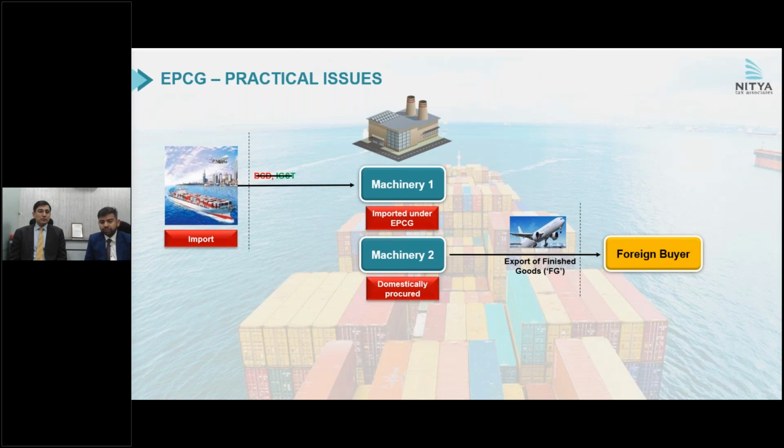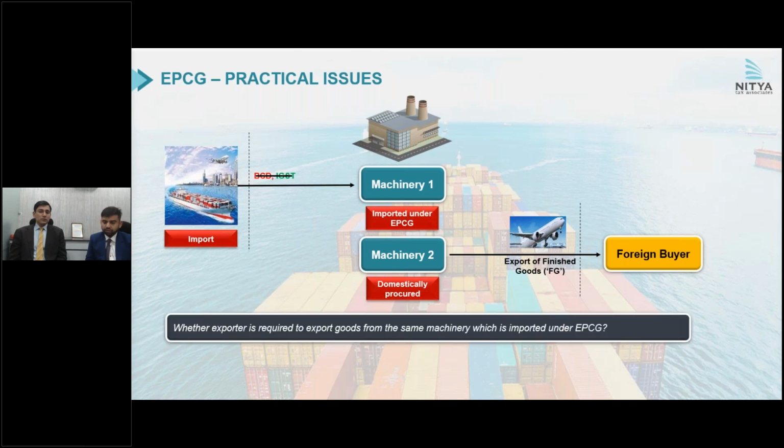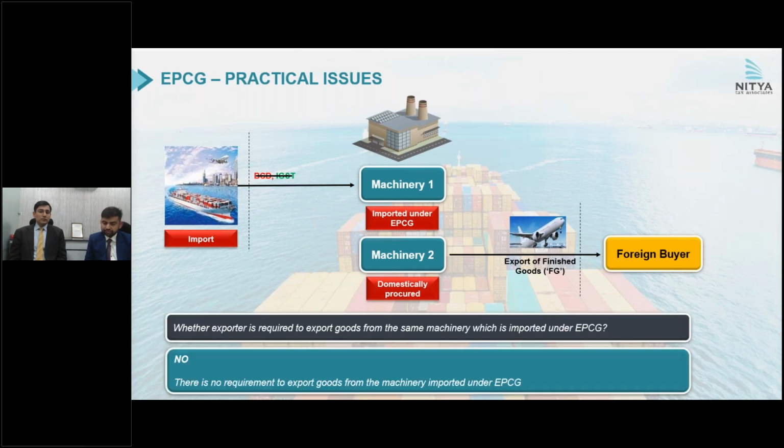So the question is whether a person can claim the benefit for this EPCG EO fulfillment or not. In our view, yes, that person need not fulfill it by exporting goods from the same machinery, which in this example is machinery 1. If he manufactures the goods from machinery 2 and exports the same, it will be considered for fulfillment of export obligation.